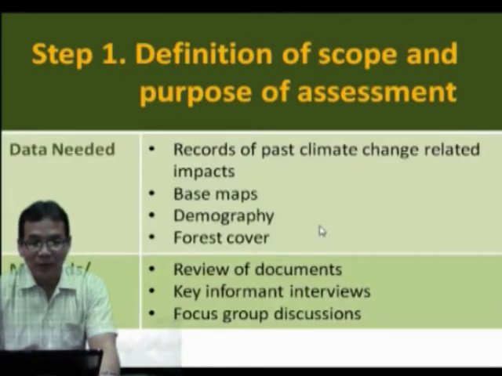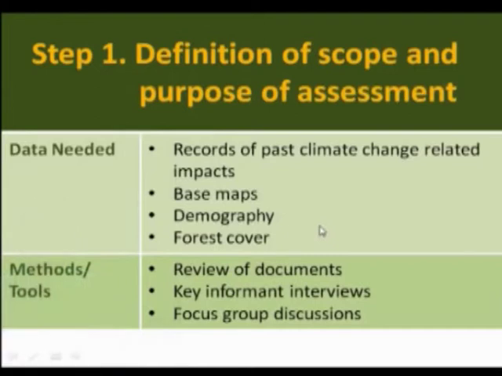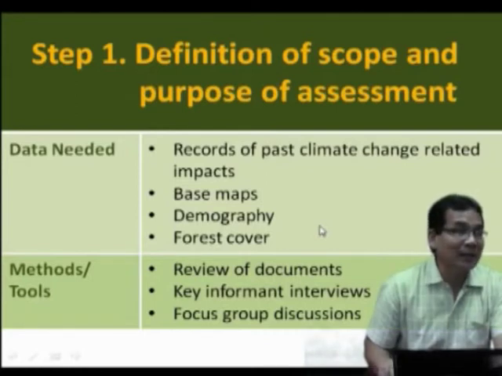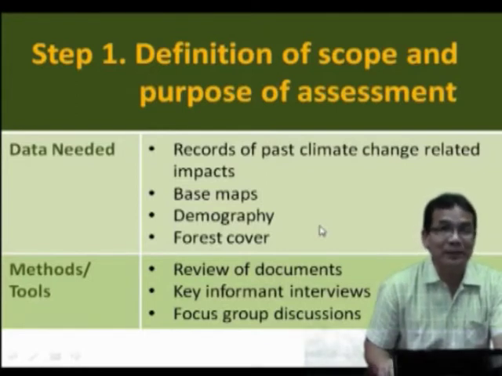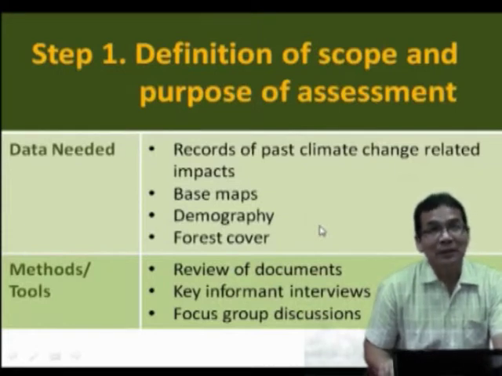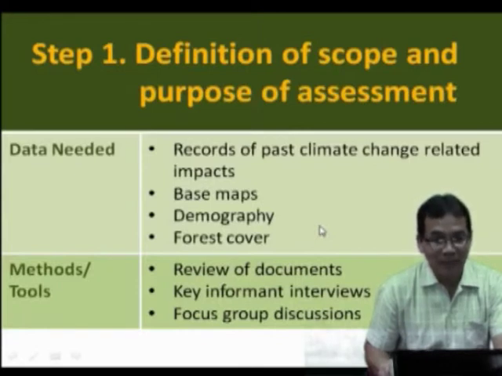The data that we need here, at the minimum, includes records of past climate change related impacts, base maps, meaning location map, vegetation cover map, topographic map, including demographic information and forest cover data. This information we can generate through various means.